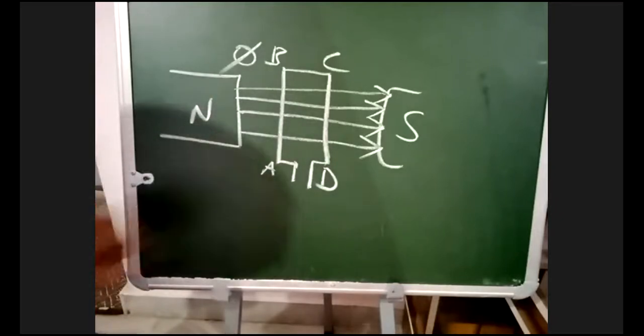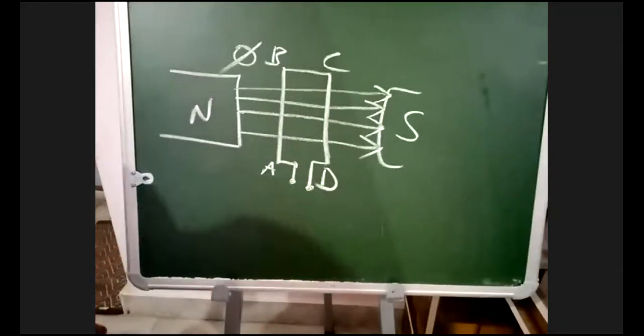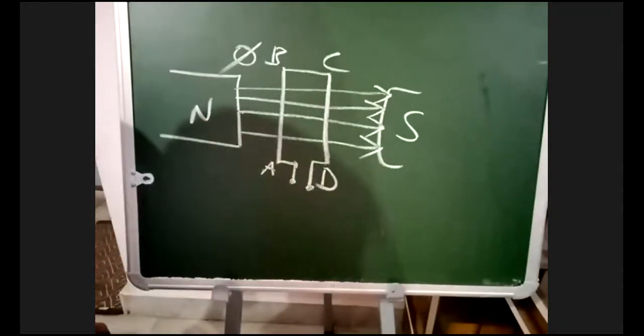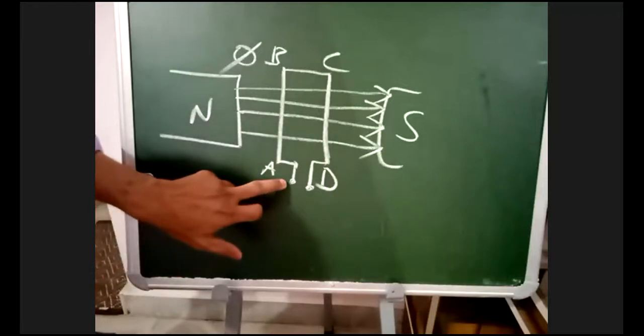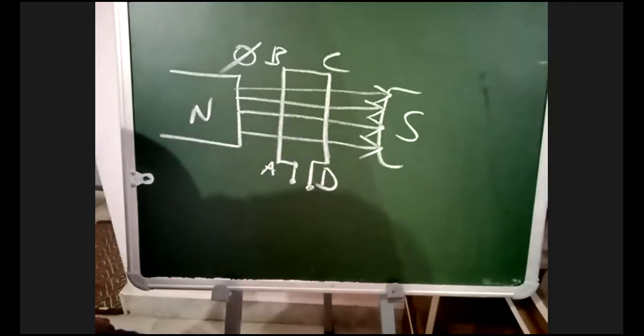This is the starting point of the coil, point A. Point D is the ending point of the coil. One copper wire I am taking. So A is the starting point, D is the ending point of the copper coil. Coil means winding.